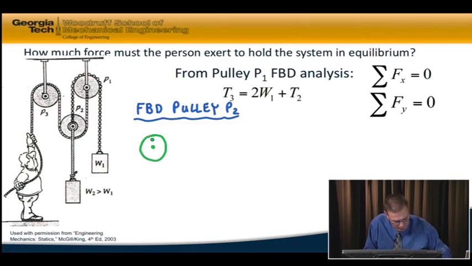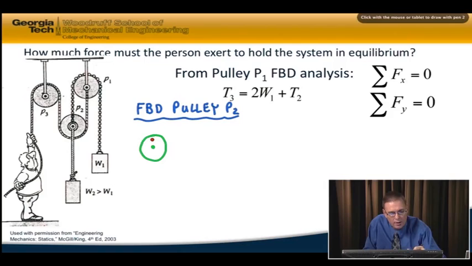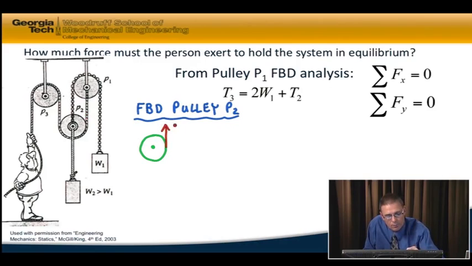Here's the center. I apply my external forces. This was T2 on pulley 1 in tension, so it was pulling down on pulley 1. It's going to be pulling up on pulley 2. The tension in that cable is the same throughout, so if I cut it on the left-hand side, it's going to pull up on the left-hand side, T2.